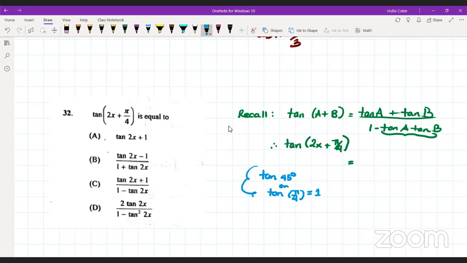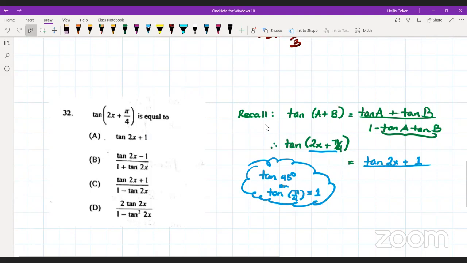So when you're working this part, tan of (2x plus pi on 4) will be tan 2x plus tan of pi on 4, which is 1, all over 1 minus tan 2x times 1. That makes sense? So that basically will just be tan 2x plus 1.